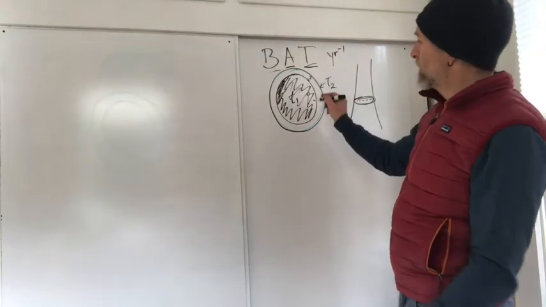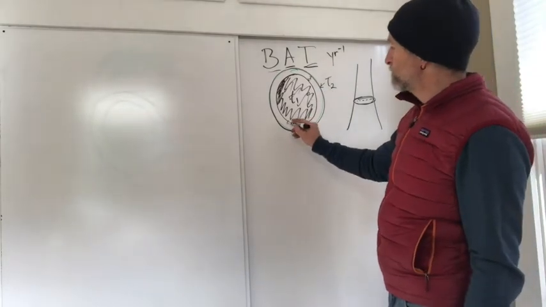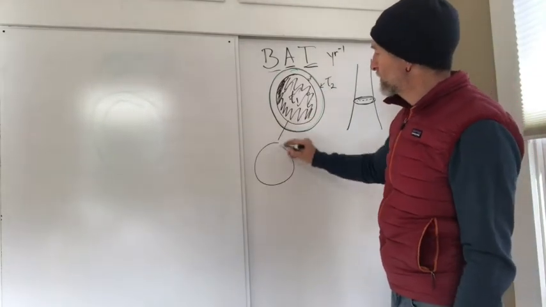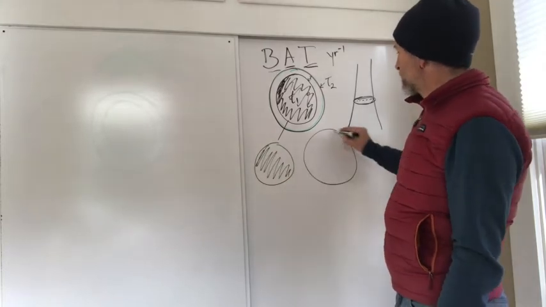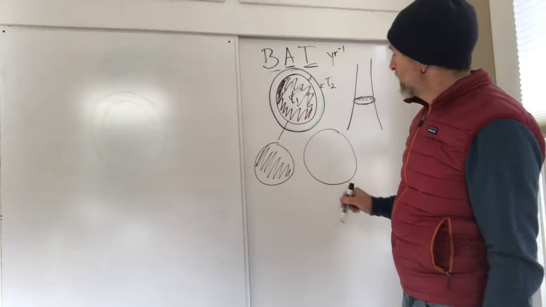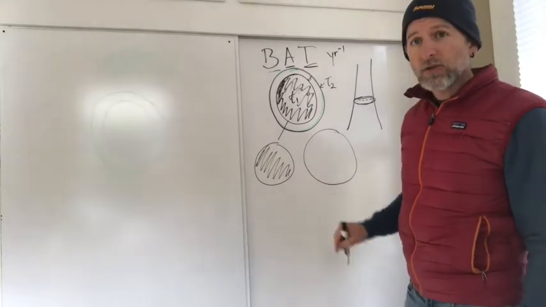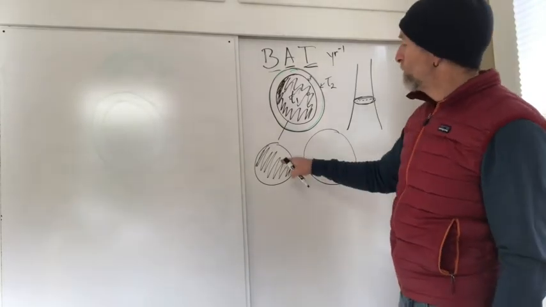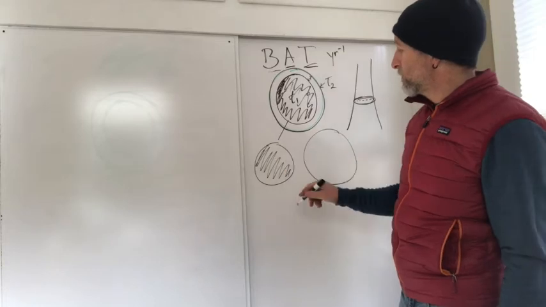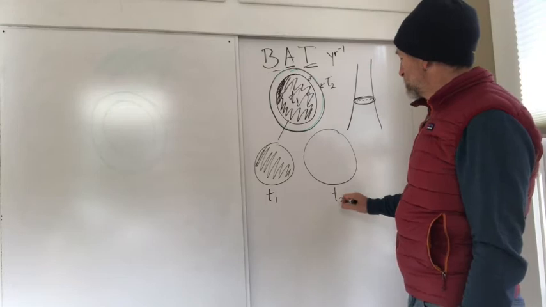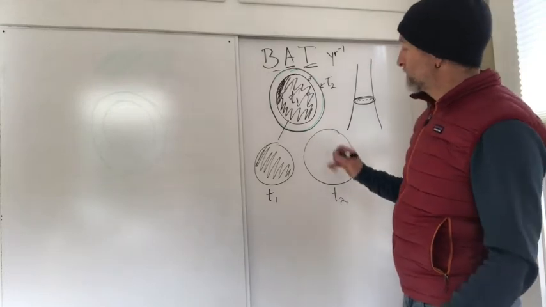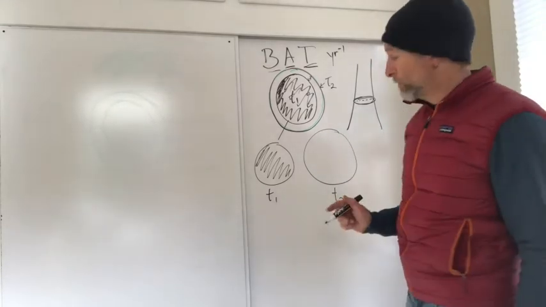The easiest way to think of basal area index then is just to think of calculating the area of the dark circle and then calculating the area of the light circle. And of course, if we take this light circle at time 2 minus the area at time 1, T1, T2, then we have a difference in area that is going to equal basal area index.